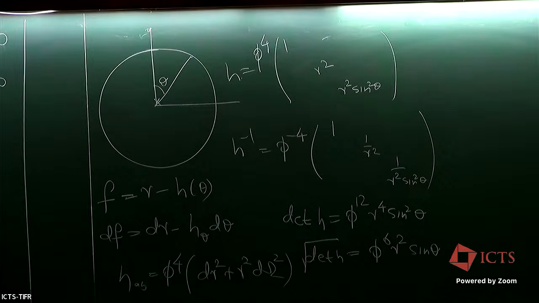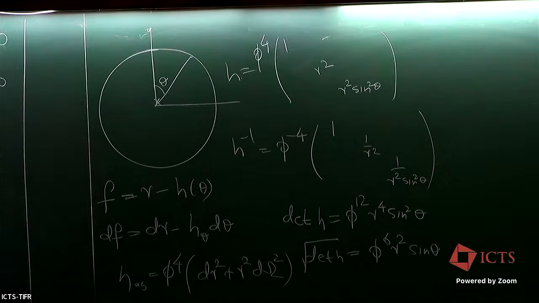Okay. So now we can calculate what the unit vector r is. Let's do that here. For the unit vector r, I first look at df, I raise the index and divide by the norm of df. So let us first raise this index here. df was this guy here.